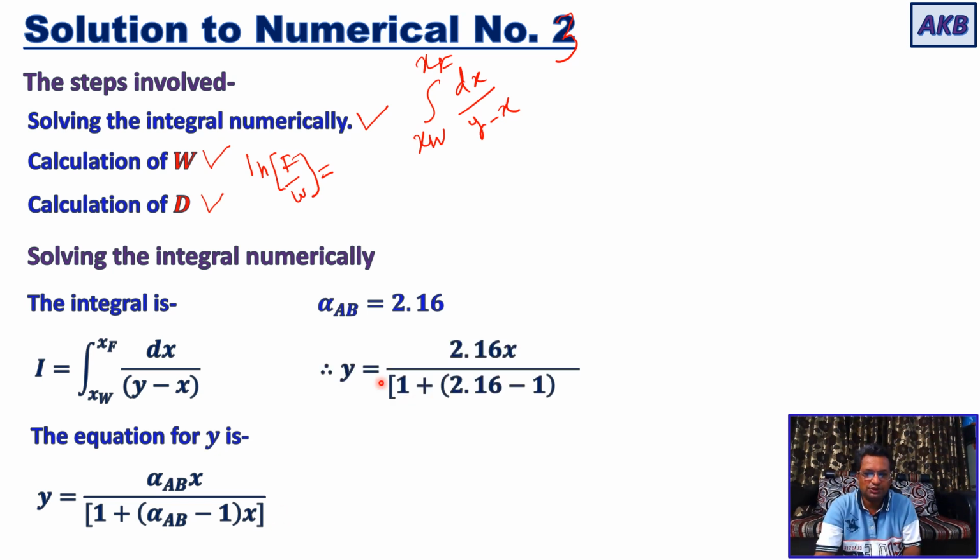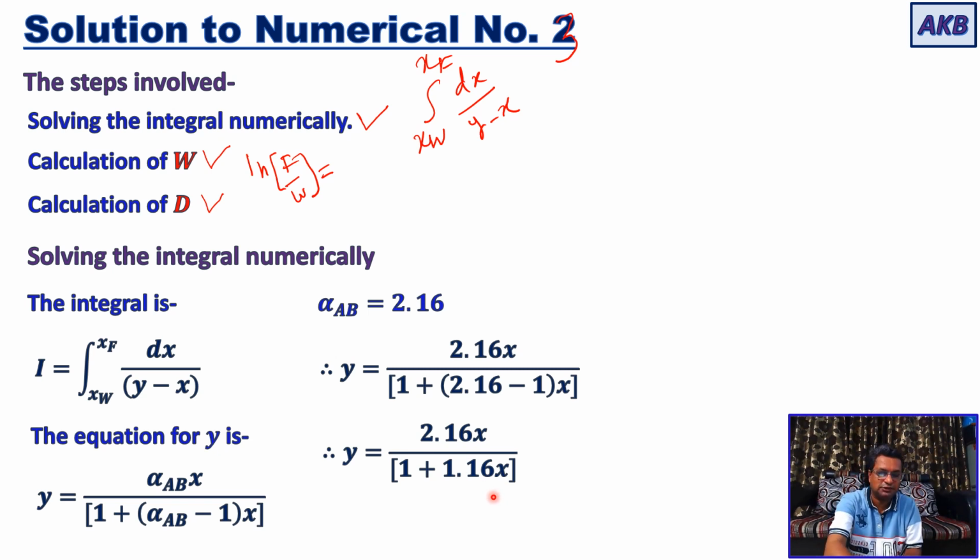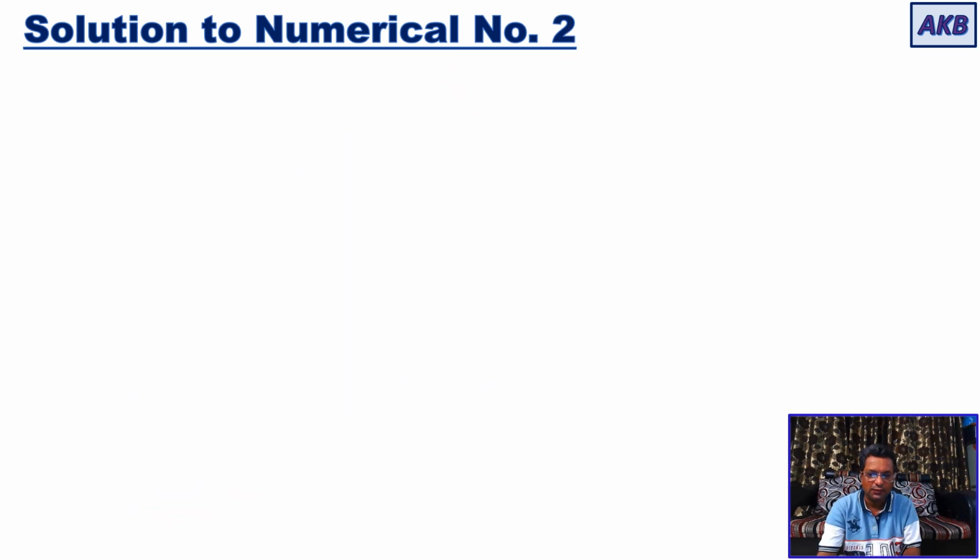So if you use it, it will be y is equal to 2.16x divided by 1 plus 2.16 minus 1 into x. That is y is equal to 2.16x divided by 1 plus 1.16x. Okay.